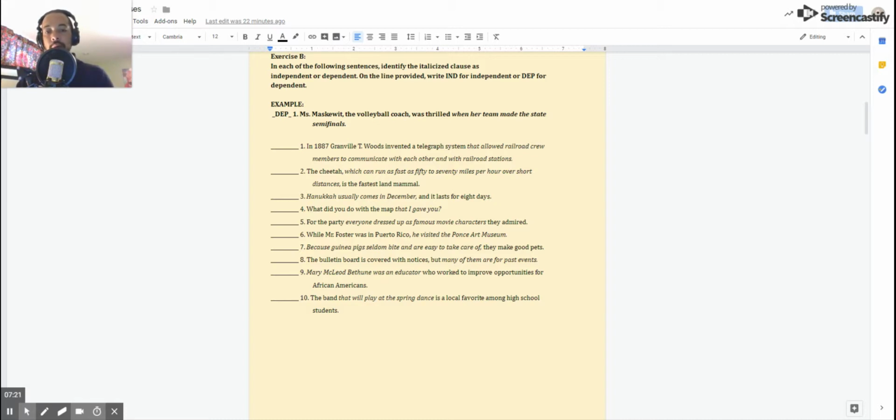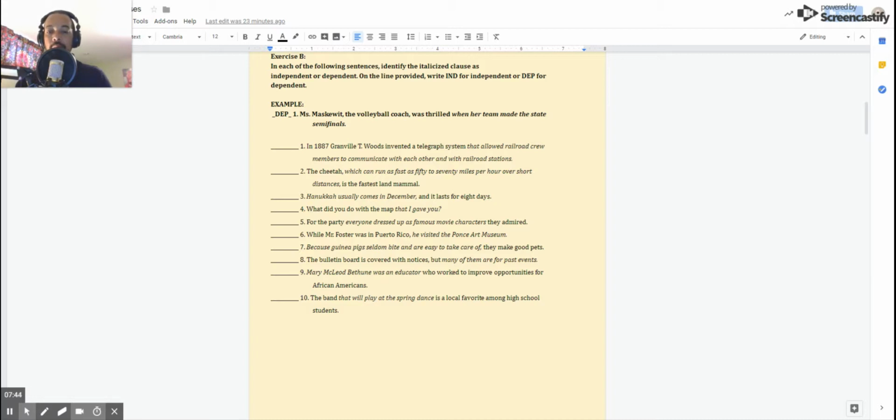There's 2 independent clauses there joined by the coordinating conjunction and, which is different than number 7 because guinea pigs seldom bite and are easy to take care of. That doesn't make sense. So that's a dependent clause. But we do have they make good pets. So in the context, when we put all of those words together, it makes sense.